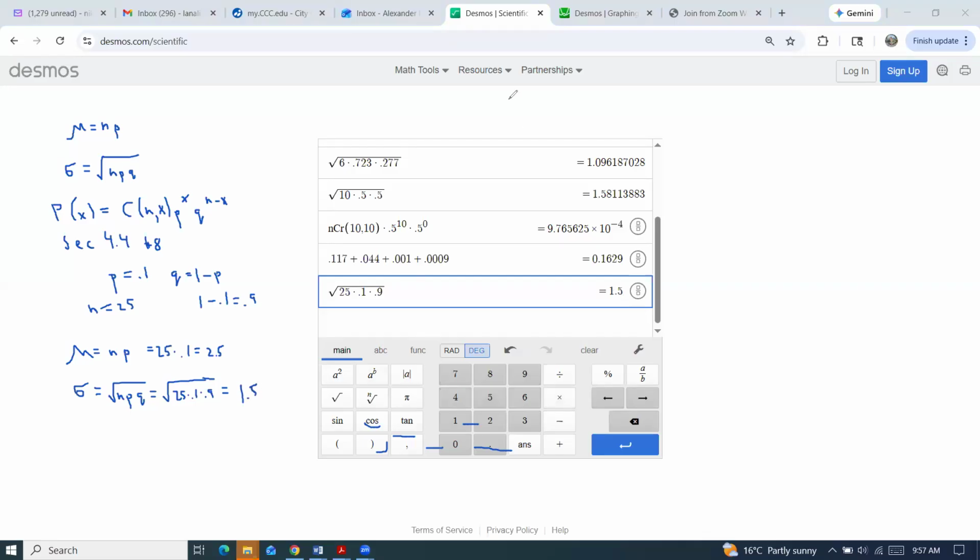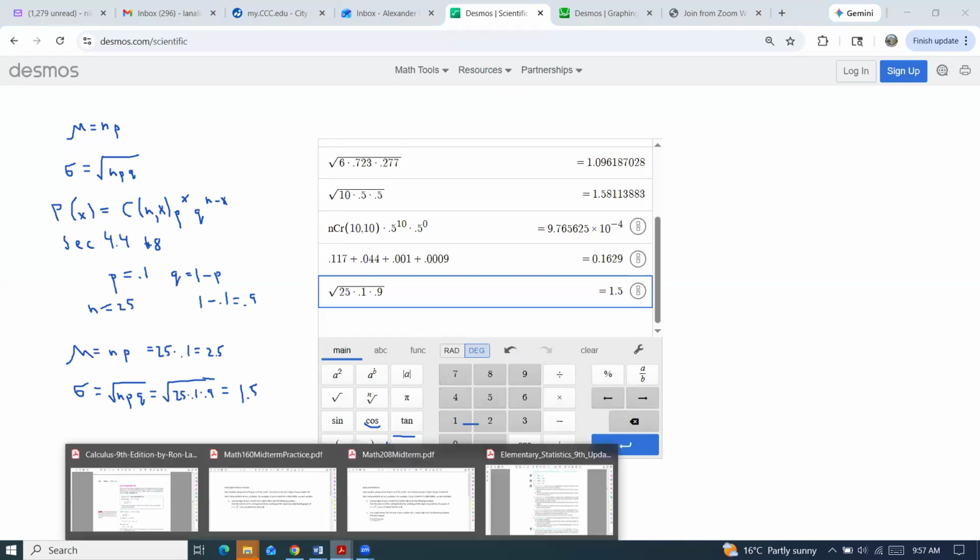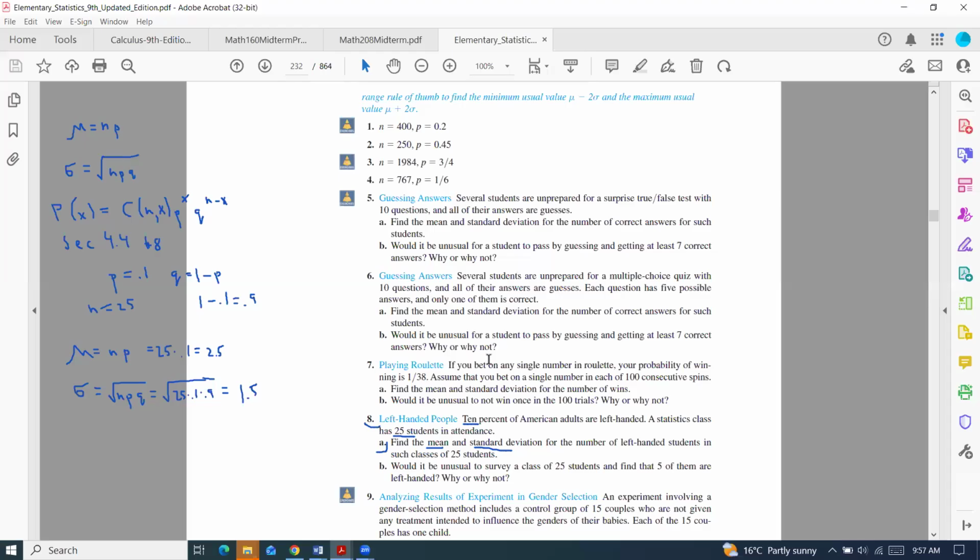Now that I was able to find the mean and standard deviation, we can actually see what we expect. We expect always the average, but we can try to make a little sense out of all that. So part A of the exercise is done.